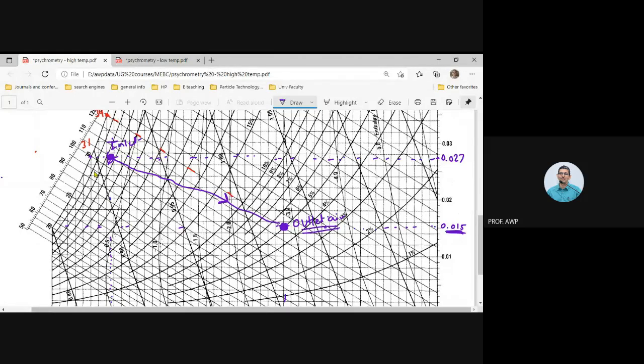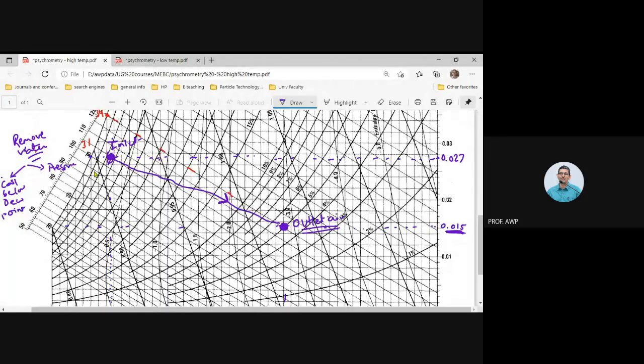Now we need to remove water, right? What are the options that we have seen for removing water? One is to cool below the dew point, or second is we pressurize, increase the total pressure.